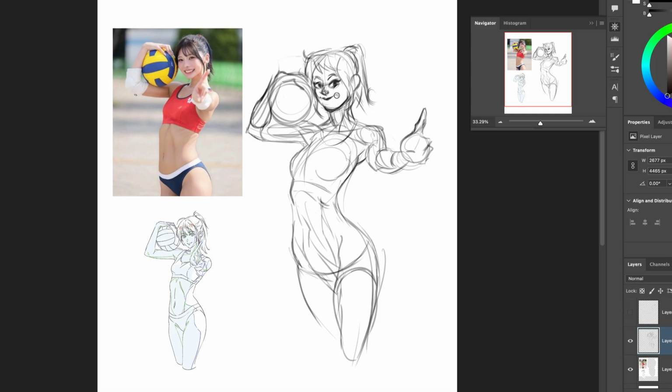Always aim for a clear silhouette, because that's what's going to read and resonate with your audience.